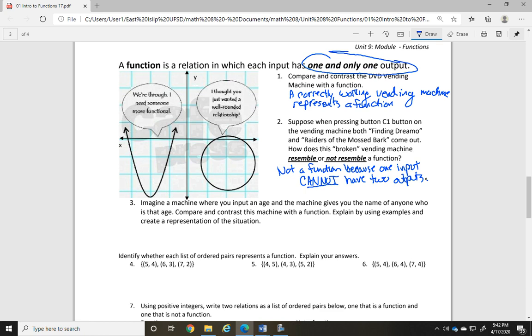Okay, so just remember that. We're always looking for every input only having one output.